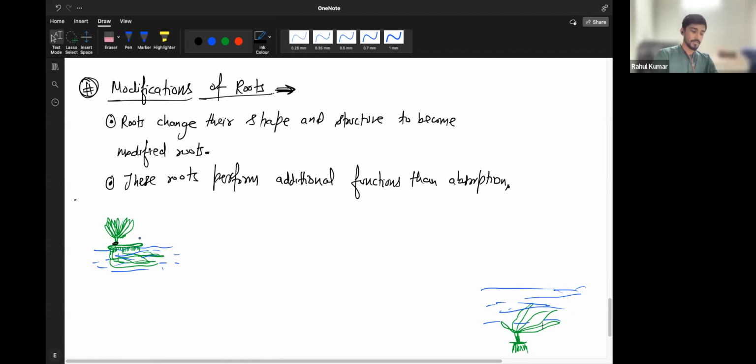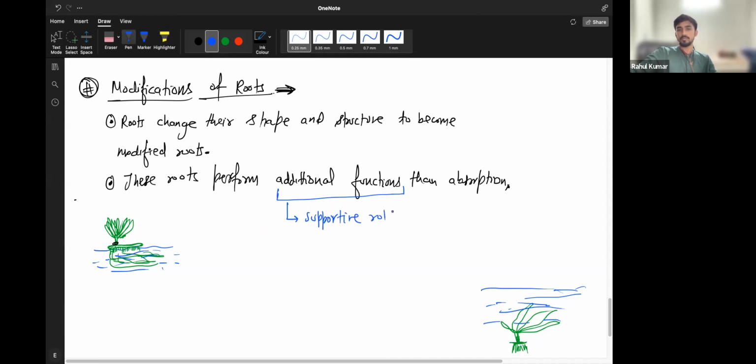So in modifications, write down. Roots modify. Now these additional functions I'm talking about. Roots modify to support.